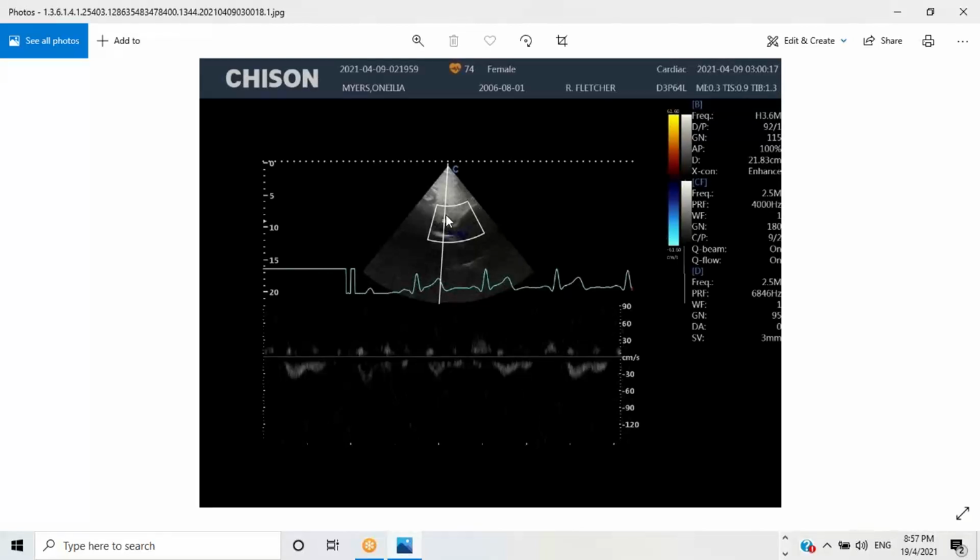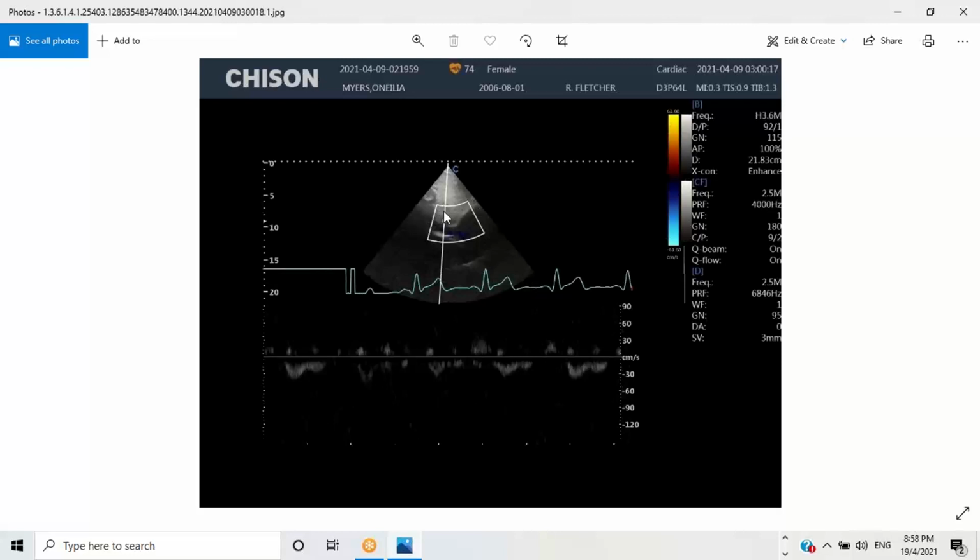Okay, so this is the cursor, the sample volume is right there, and you get these. So remember your hepatic vein. This is the transducer. This is the hepatic vein, and the hepatic vein is draining into the inferior vena cava, which is going to drain into the right atrium.